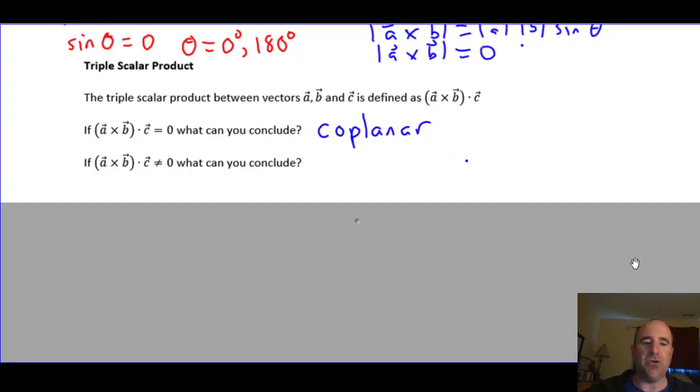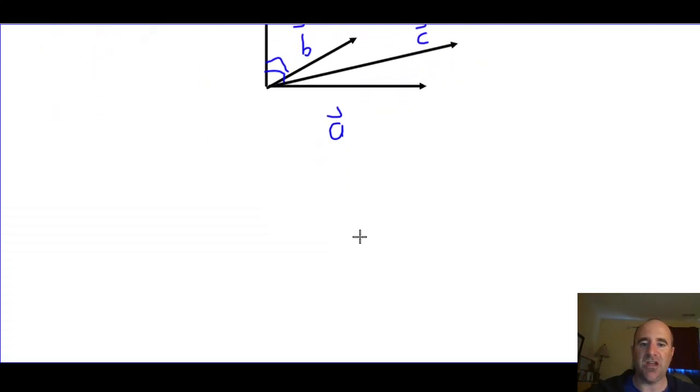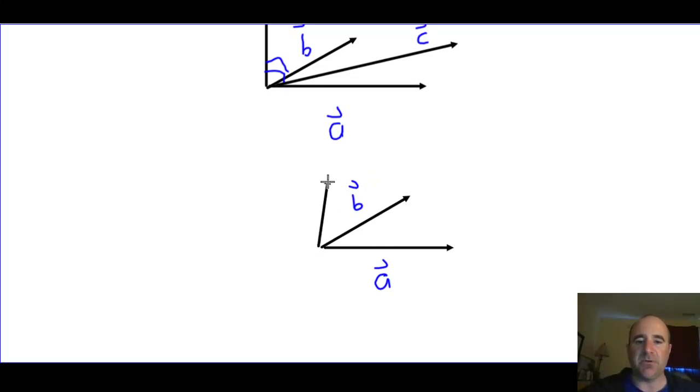Then, of course, if we don't get 0, I could think about drawing this picture again with A and with B. Those define a plane, a flat surface that you have to imagine. A crossed with B is perpendicular to both of them, like this.